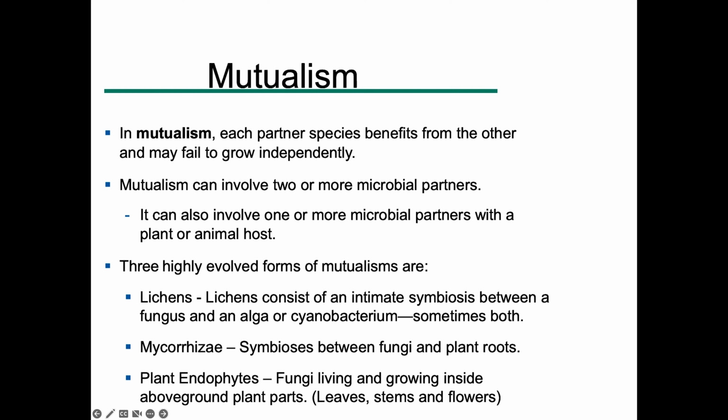But again, plants have mycorrhizae not to produce more yield, but to survive. Plants have endophytes not to grow bigger, but to survive. And fungi form lichens because they want to survive also. They need carbon. And so these organisms have gotten together over ecological time and formed these relationships.